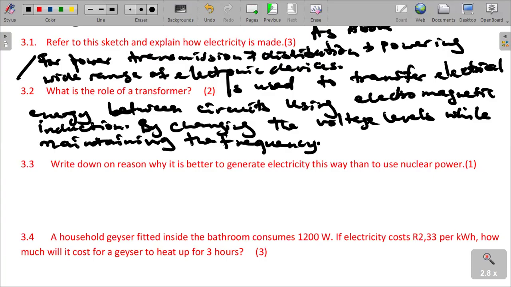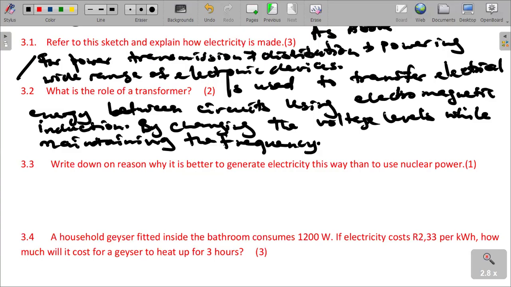It reduces the electricity voltage so that it can be used in houses. That is the simplest function of a transformer that we can give.